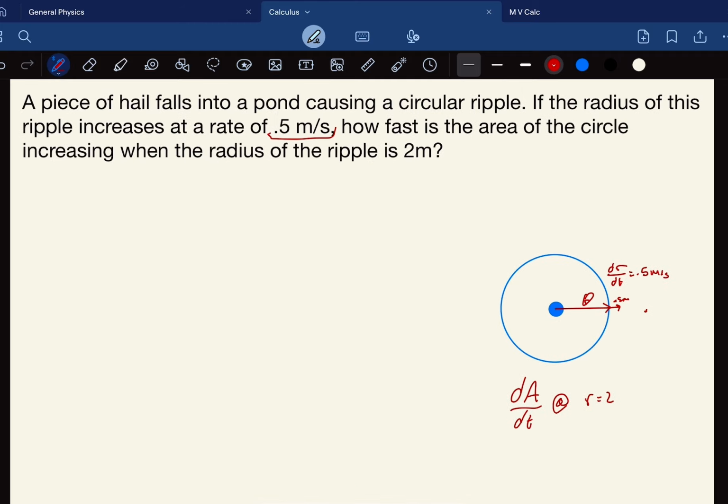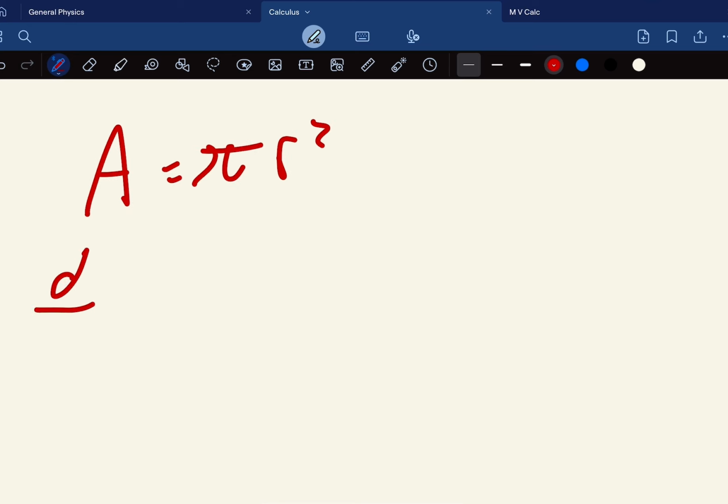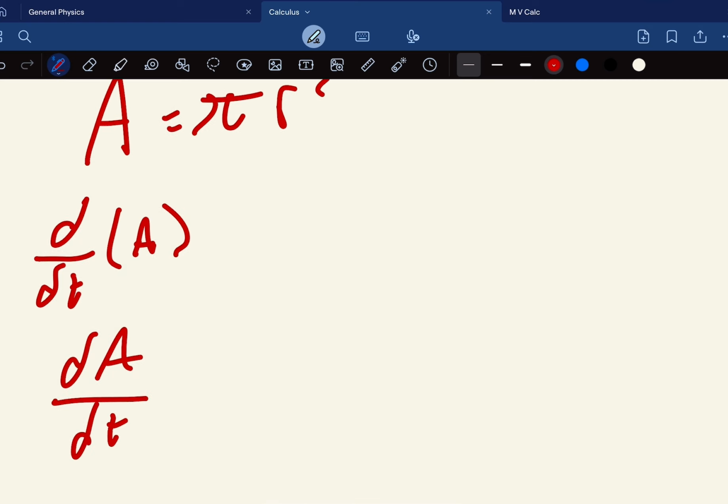So to get started, let's look at the equation for the area of a circle, where we have A equals pi times the radius squared. Now, we want to differentiate both sides with respect to time, as this will give us, on the left side, our equation for the derivative of area with respect to time.